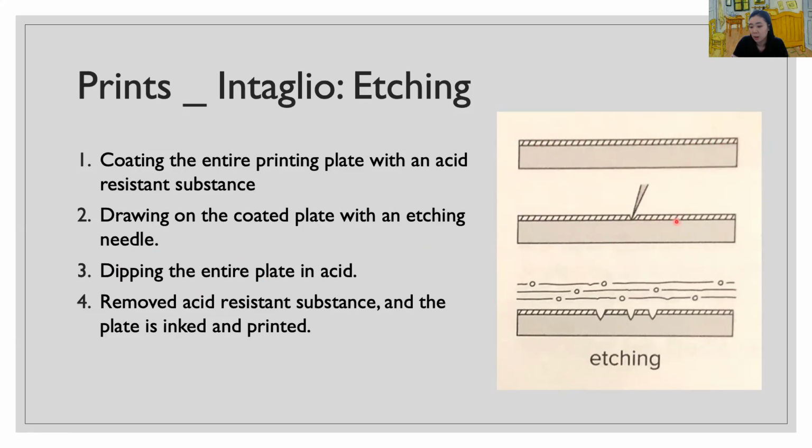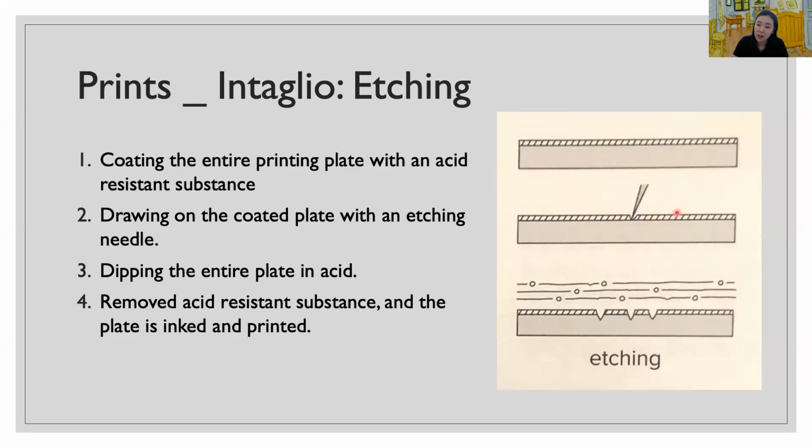After coating the plate, the artist draws an image on the plate, just like the dry point. And the needle removes the ground, exposing the bare metal in areas meant to print.